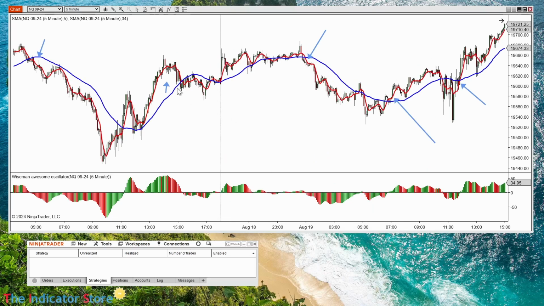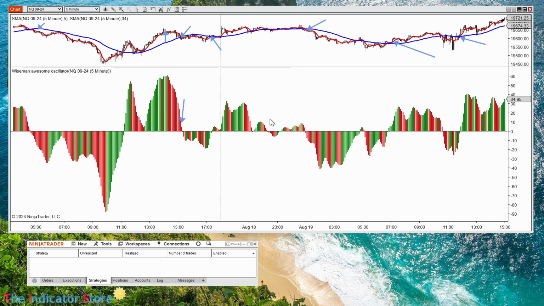So we have the two simple moving averages, SMA 5 and SMA 34, and this distance is the value of the Weissman oscillator. As you can see, that distance is almost zero. Here we have a crossover, this one. Then here we have one cross to the upside, this one. In this area, maybe there are several crosses.